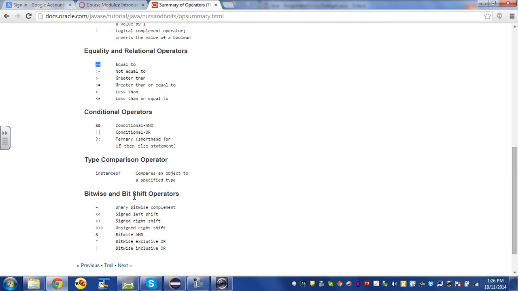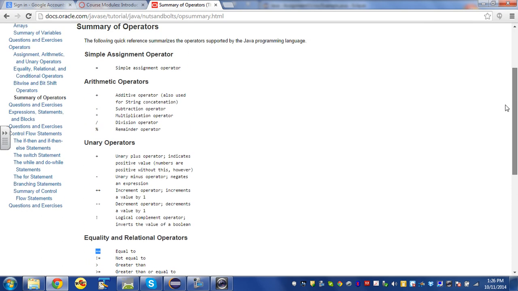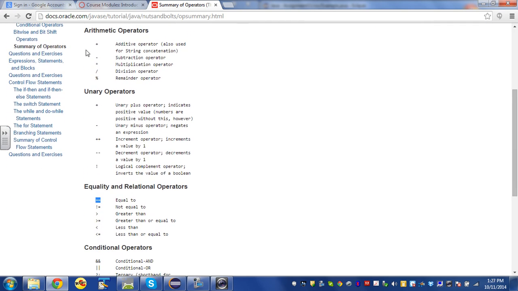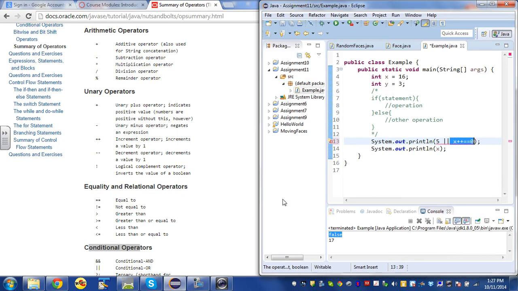It's also important to understand a little bit of precedence. So the highest precedence goes to the arithmetic operators, and then the relational operators, and then the conditional operators. So the idea is that, say I have x, if x plus 5 equals 0, okay?